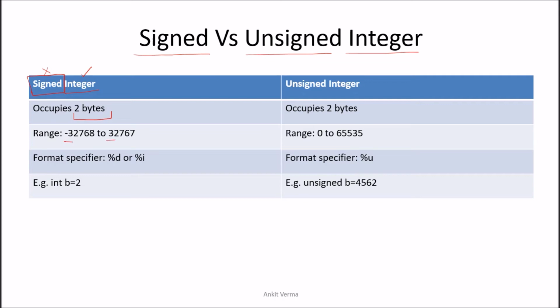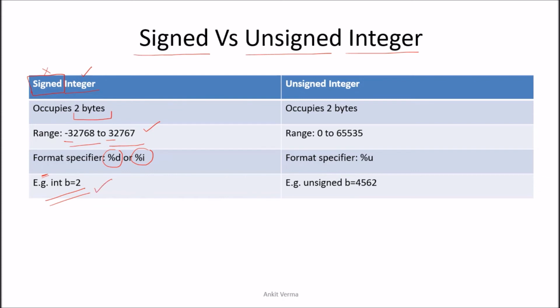So minus 32768 to plus 32767. So that was the range. Now the format specifier is the same as we learned in the last slide, that is %d or %i, and this is how we can declare int b is equal to 2, and signed is not required. If you apply the signed keyword or not, it doesn't matter.